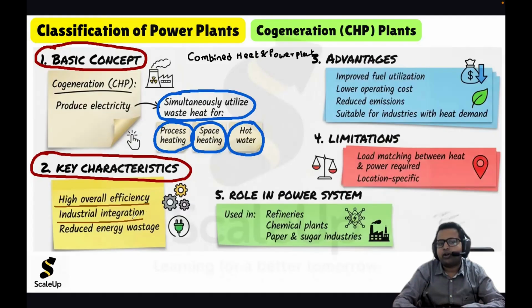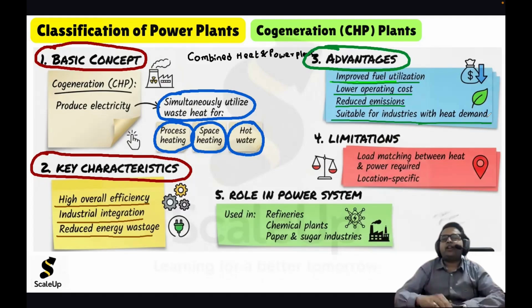So that is what we call industrial integration. And they reduce energy wastage. If we talk about the advantages of cogeneration power plants: improved fuel utilization, lower operating cost, reduced emissions, suitable for industries with heat demand.